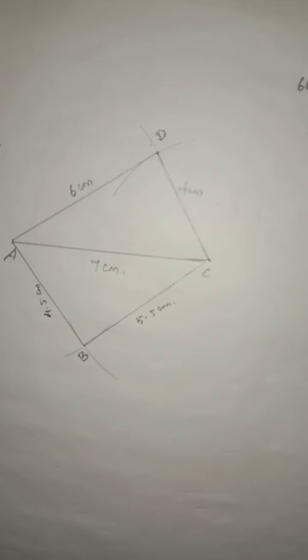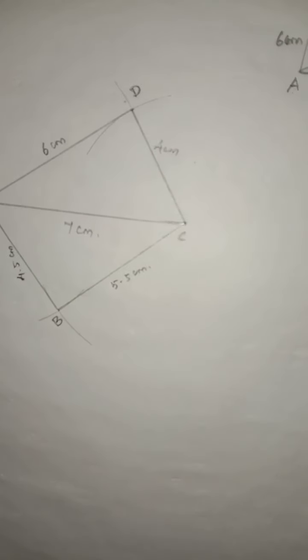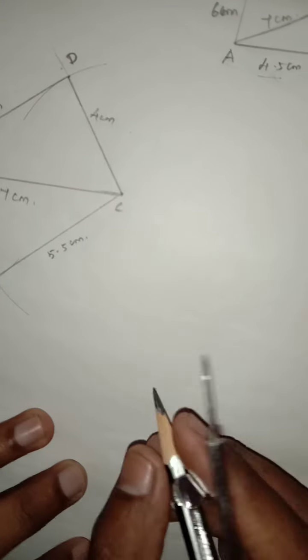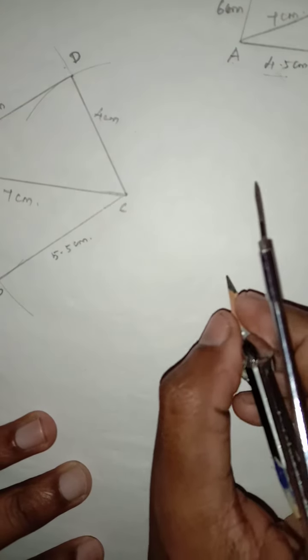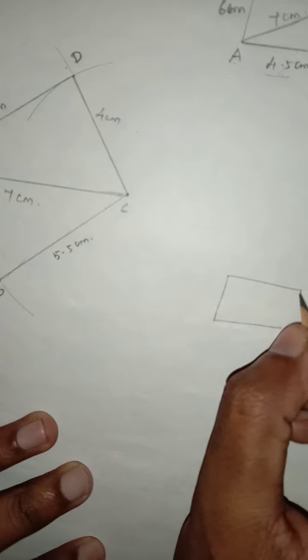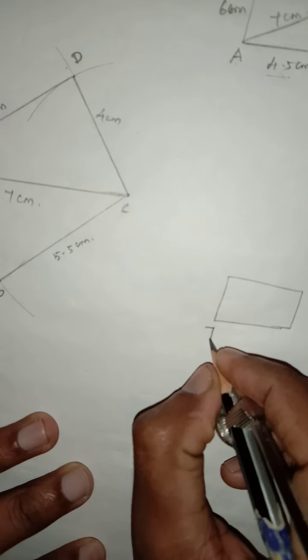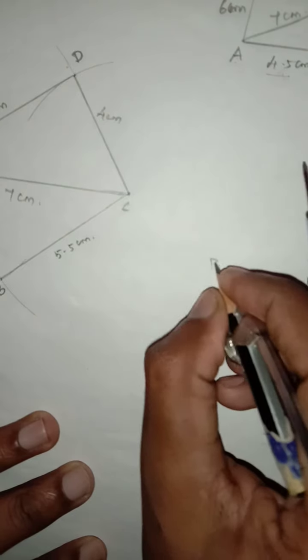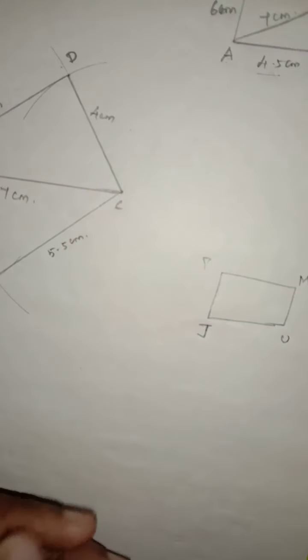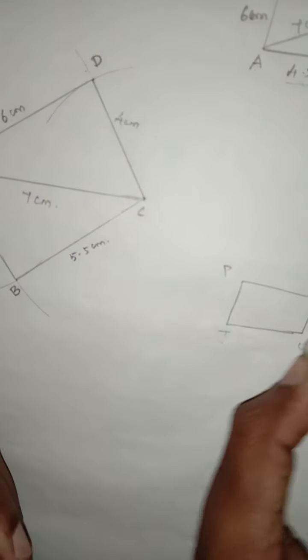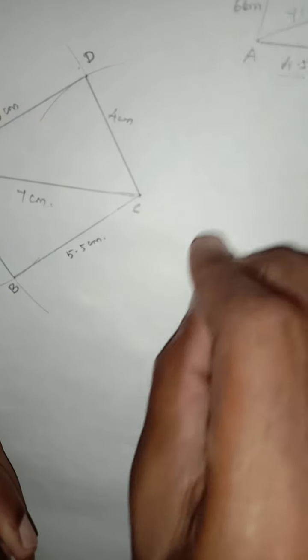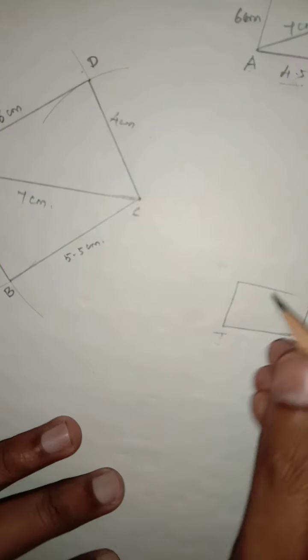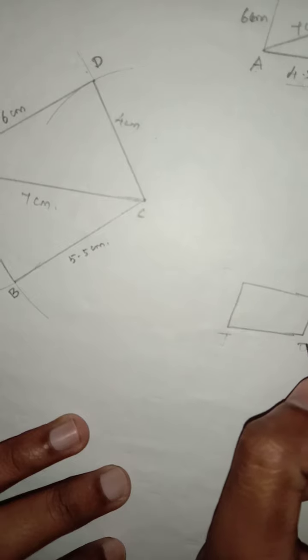Next, question number 2, is also the same thing. They ask us to construct a quadrilateral named JUMP. You can start wherever you want, but it should be in order.